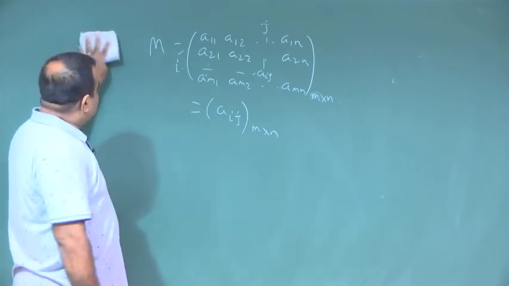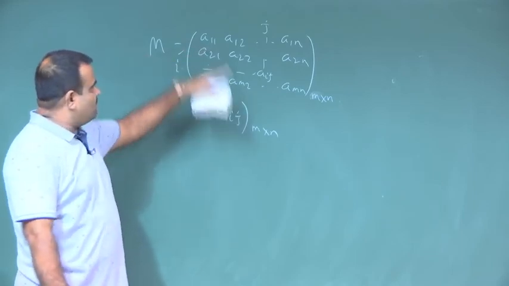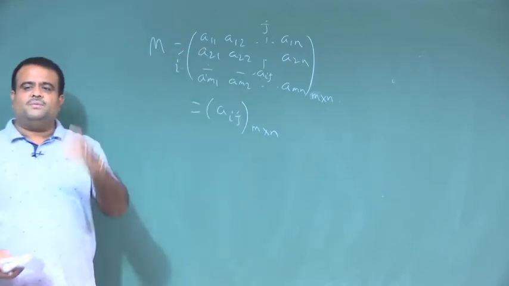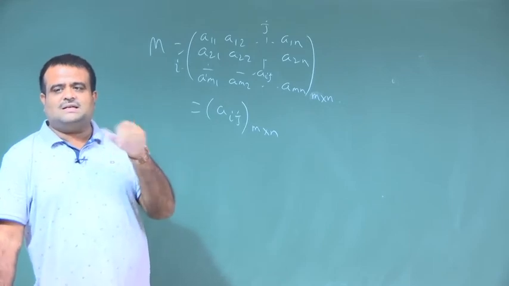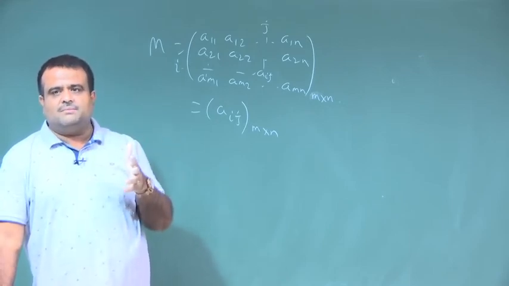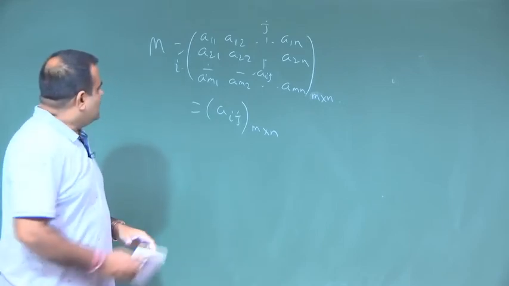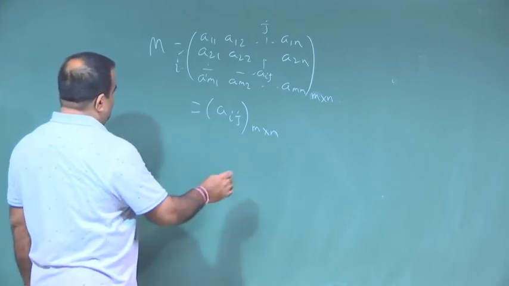Now, we consider the collection of all such matrices, where the entries are coming from any field. For simplicity, let us take them to be real numbers. So, this is a real matrix. Then we can define a plus over these matrices.